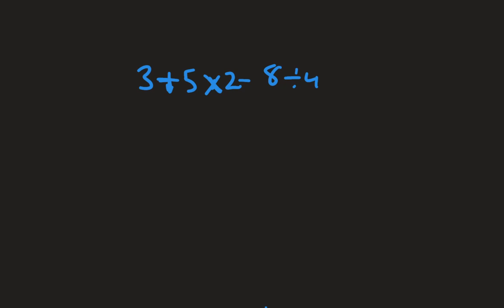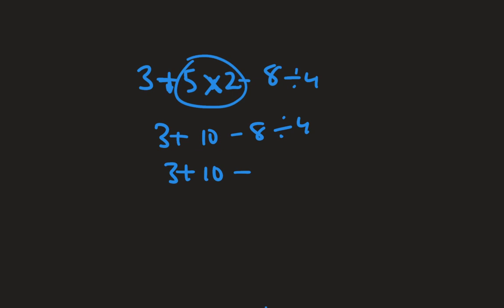So the first thing to do is the 5 times 2, so 3 plus 10 minus 8 divided by 4. Well, I guess we could also do the 8 divided by 4 in the same step, but for now, it's probably best to not skip steps or combine steps. So now it's 3 plus 10 minus 2, 13 minus 2, or 11.